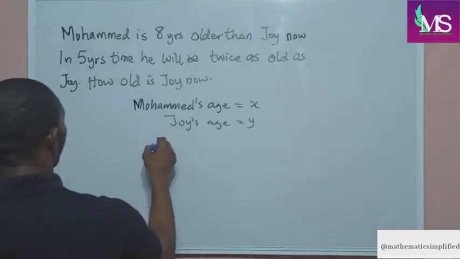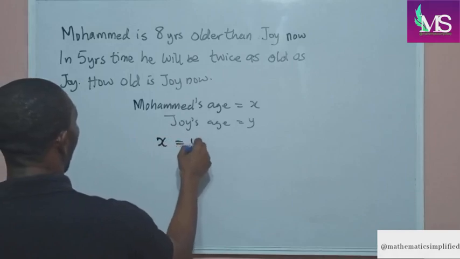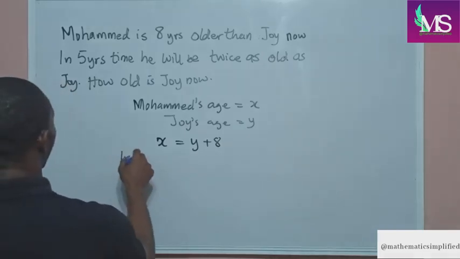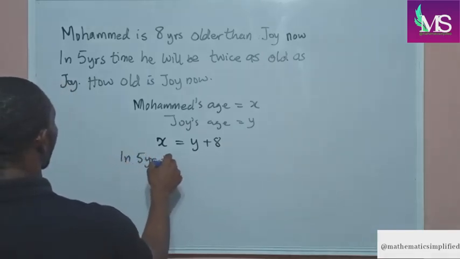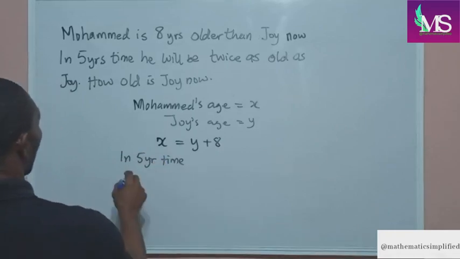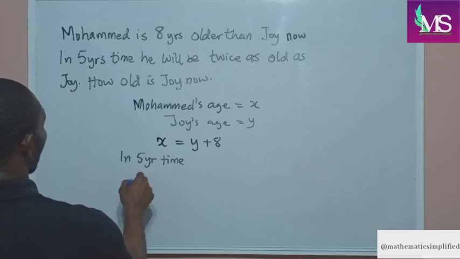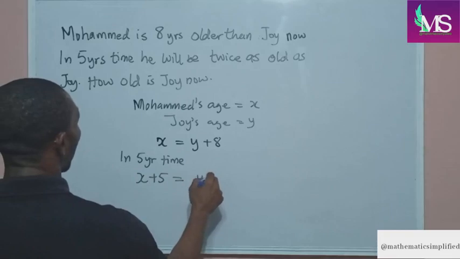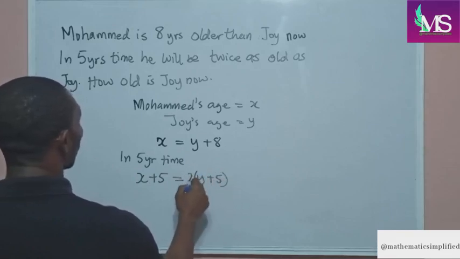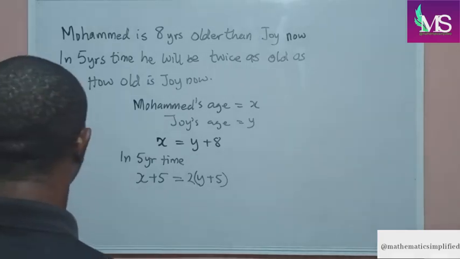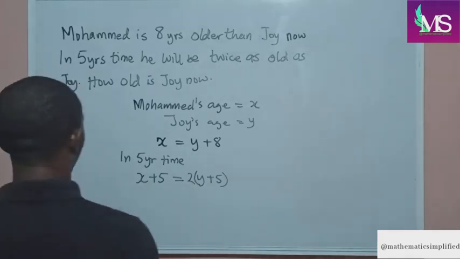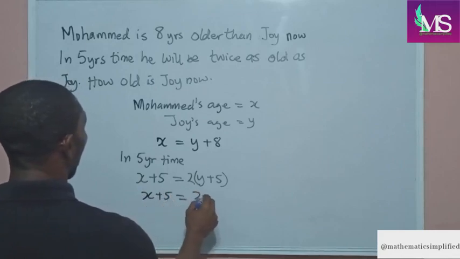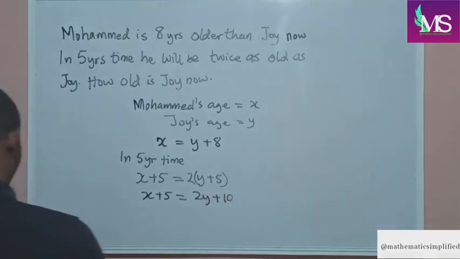That means X, Mohammed, equals Y plus 8. In 5 years' time, it will become X plus 5 equals Y plus 5 times 2. Now we can open up this bracket to give us X plus 5 equals 2Y plus 10.